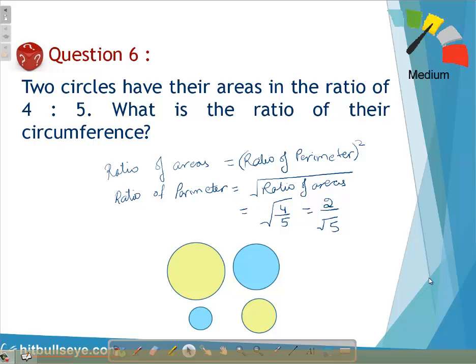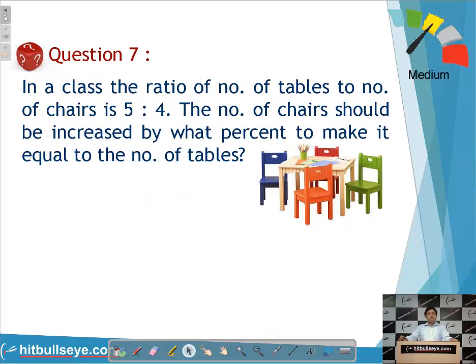Let us have a few more questions. Now this question says that in a class the ratio of number of tables to number of chairs is 5:4. The number of chairs should be increased by what percent to make it equal to the number of tables. Normally we will start thinking that we require the exact number of tables and chairs to answer this question, but actually we don't, as the question is asking me the answer in terms of percentages.